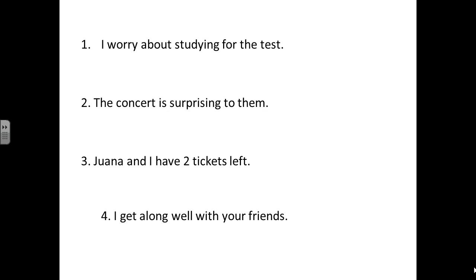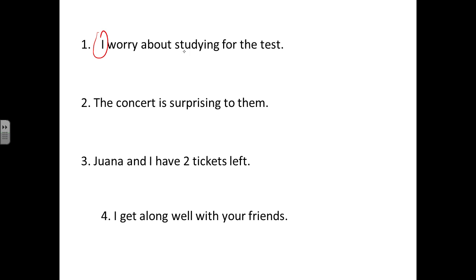Okay, quiero que hagan este ejercicio. So you should stop this video now, write these down, the English and the Spanish, and then check your answers. Okay, now that you're back, I worry about studying for the test. If you look at this one, okay, the I is the indirect object.